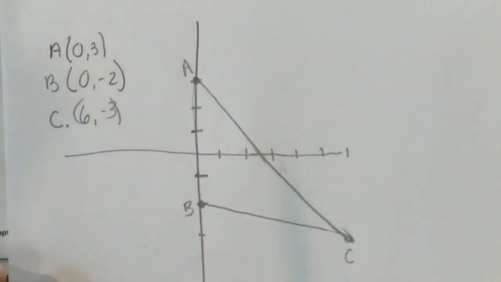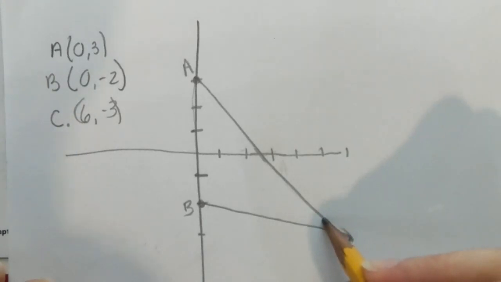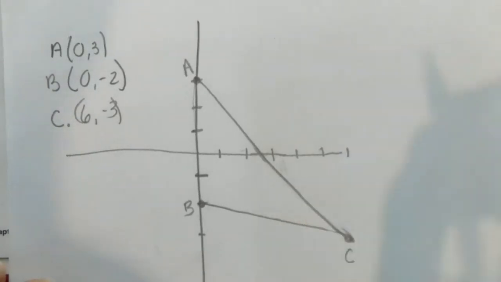So we need the slope of this. It's 1/1. And you know that because it's going through each of the lines on my graph. Over 1, up 1, over 1, up 1.